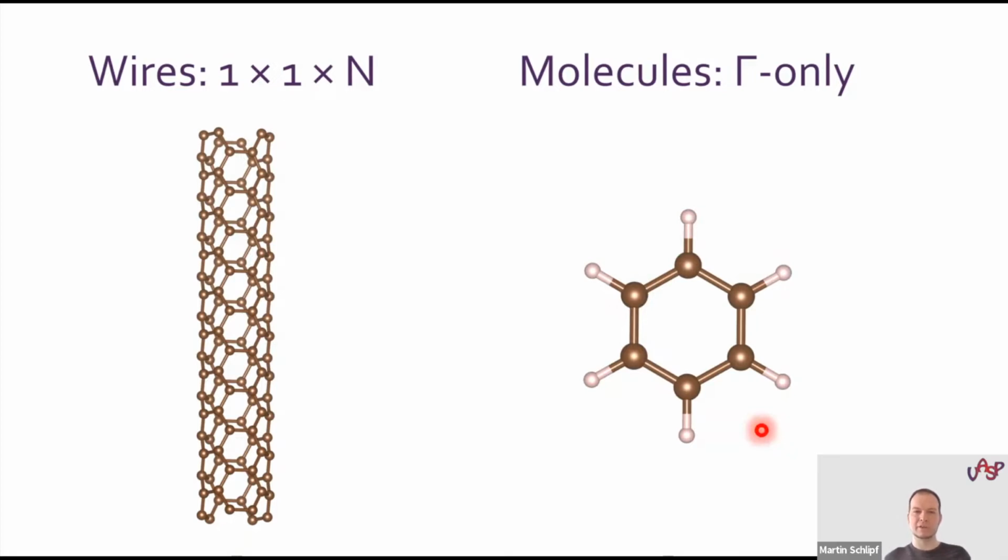And recall that in VASP, we have this special gamma-point-only version. So if your system is very large, or if it's a molecule, and you use this gamma-point-only version, you can get additional computational speed. Essentially, we know that if we have the gamma point only, certain quantities will be real.